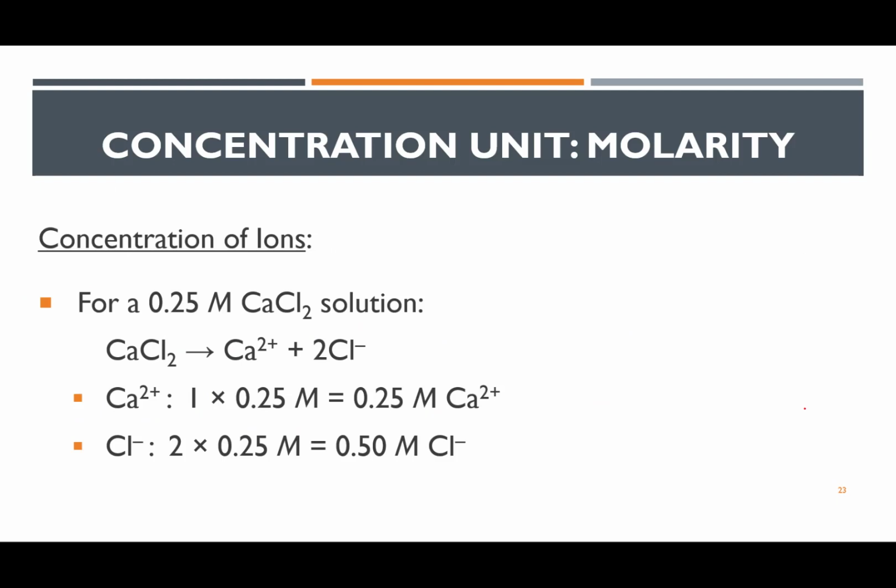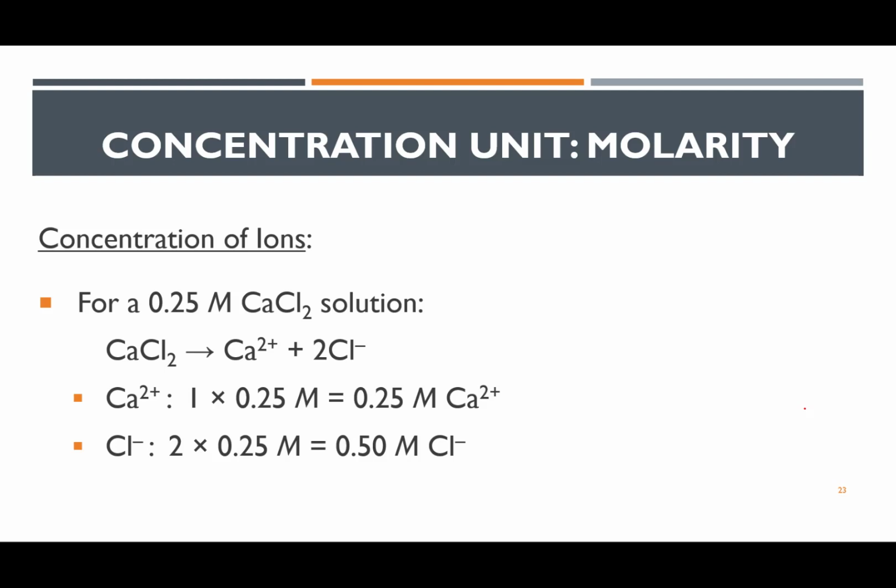Now let's talk about the concentration of ions. Okay, concentration is molar, which means it consists of moles. Remember when we were converting between the number of moles using the chemical formula? That's exactly the same thing.